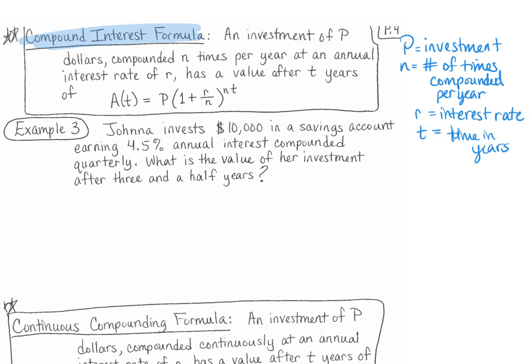Tell me what the variables are. P is what? 10,000. Good. R is 4.5 what? Percent, which means in decimal form is what?